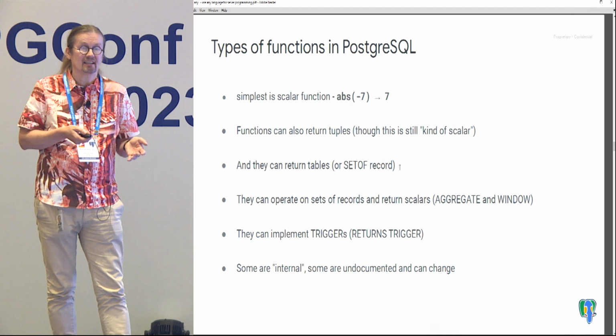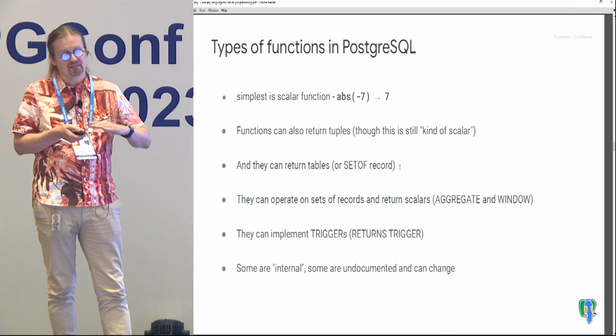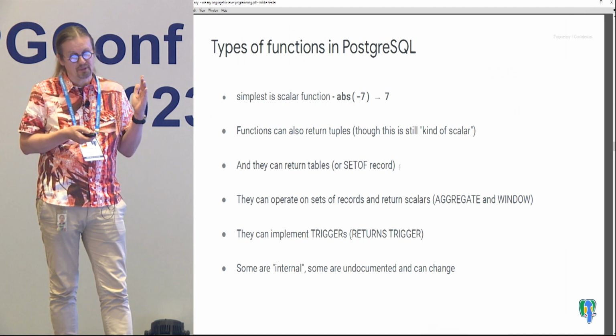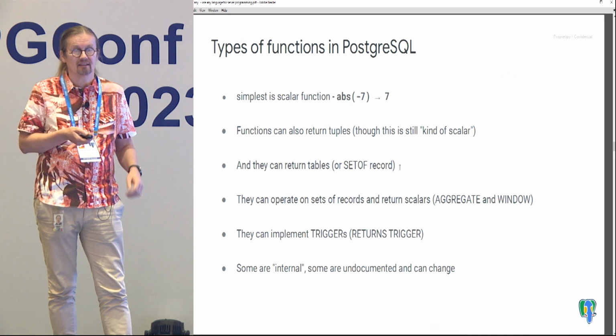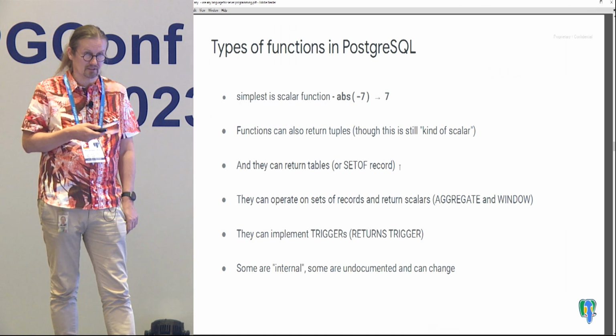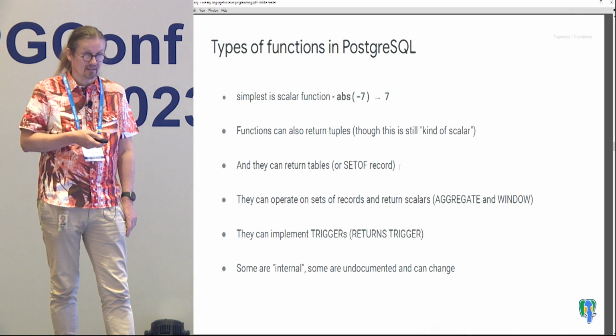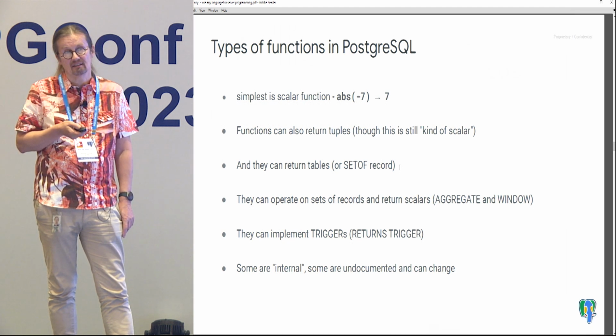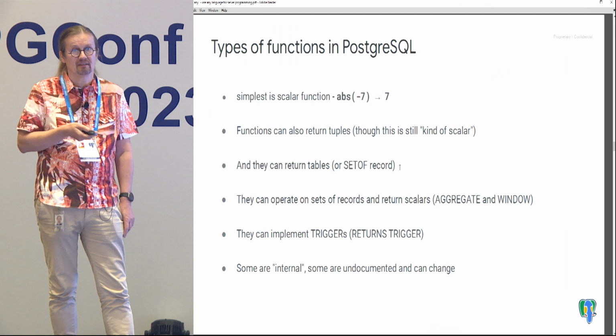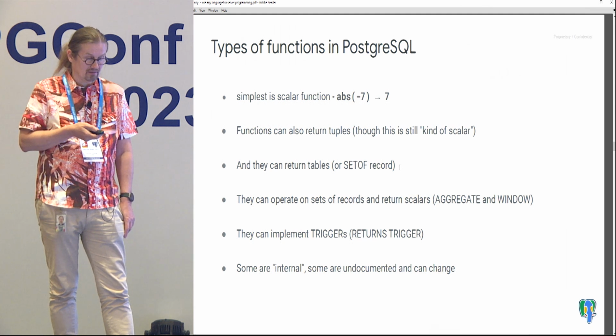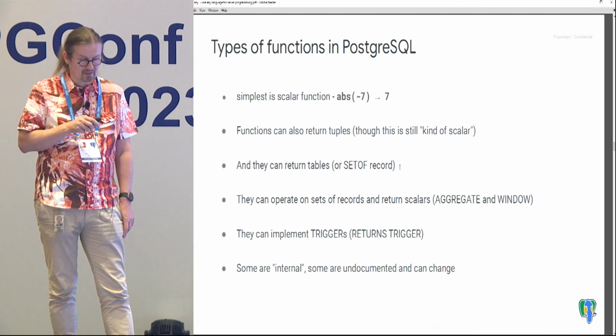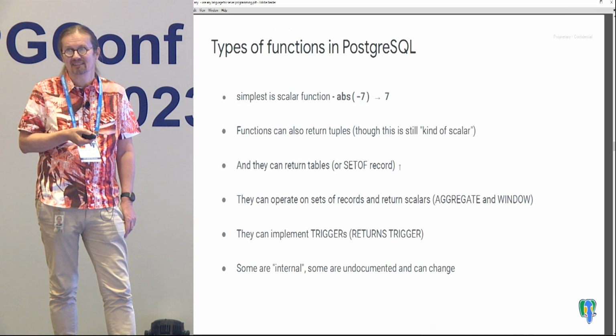You have aggregate functions that operate over a set of rows and then give a single value or a single record back. And again, all these can be defined yourself. I have usually been doing Advent of Code, where you get a task every day for the month of December.